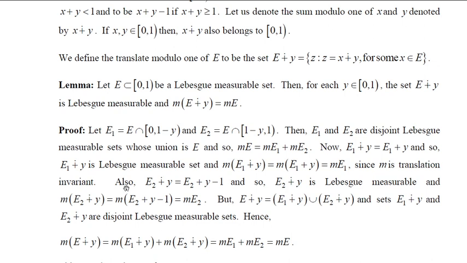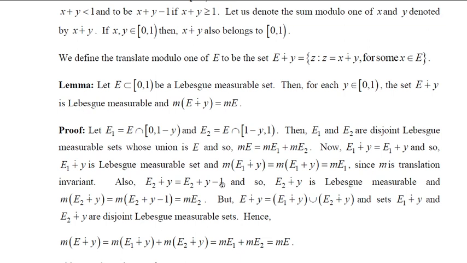And also the translate modulo of E2 is, because we know that if any x belongs to E2, then in this case your x will be greater than or equal to 1 minus y. So your x plus y will be greater than or equal to 1. So in that case, the translate modulo of E2 will be E2 plus y minus 1.